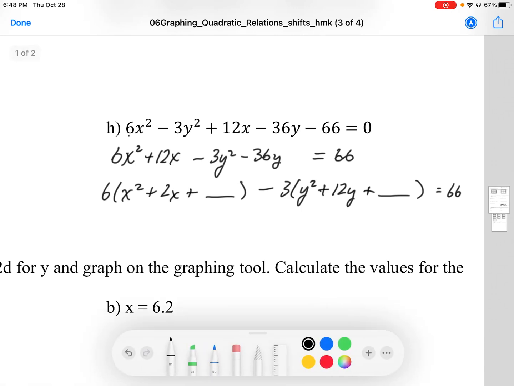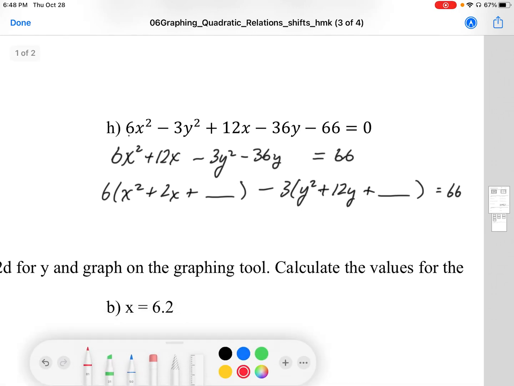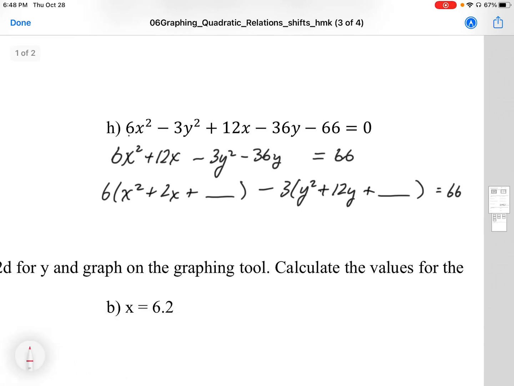So at this point, I want to complete the square. I'm going to complete the square in the first term, so I get 1. I need to balance that off with a plus 6 on this side. I'm going to complete the square here with half of 12 squared is 36. And I had to balance that with negative 3 times 36, which is 108.